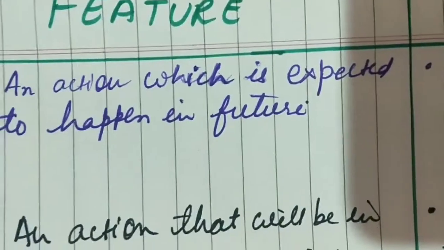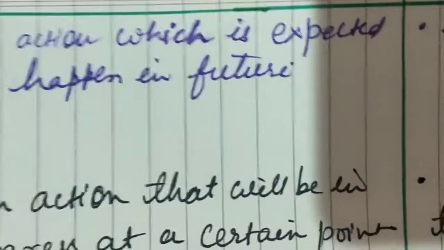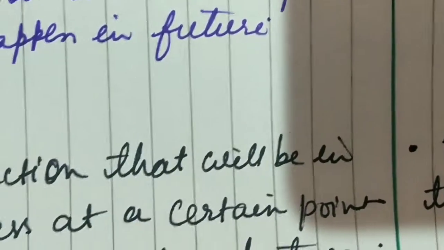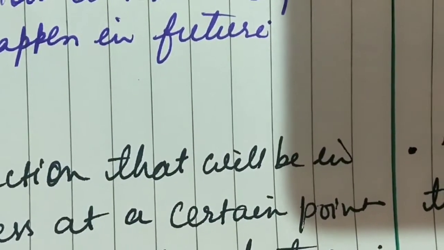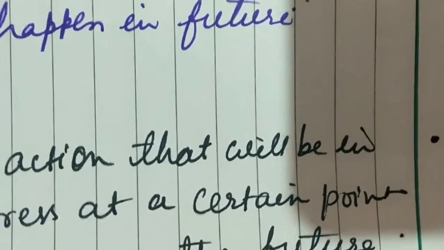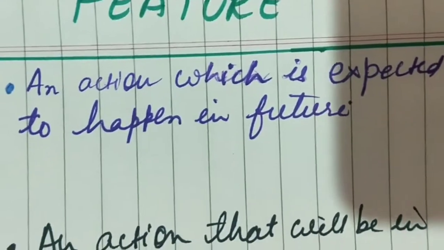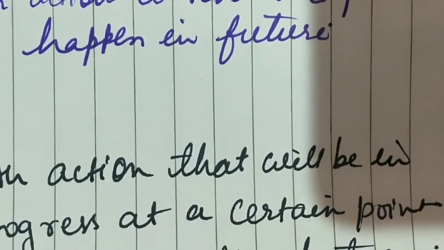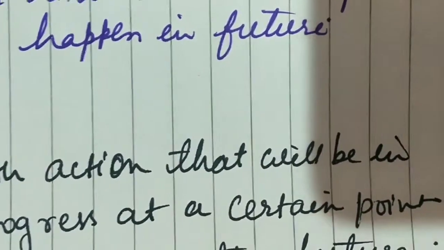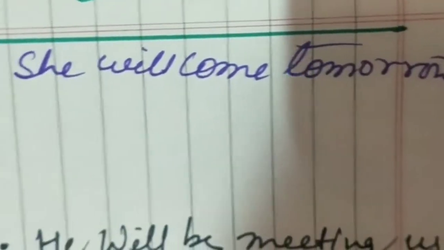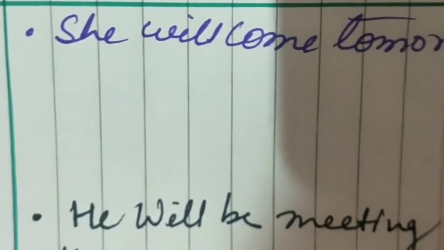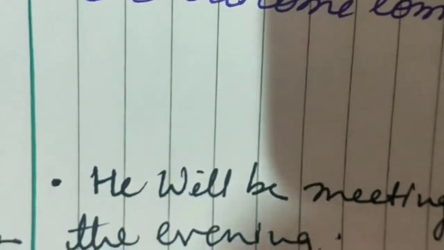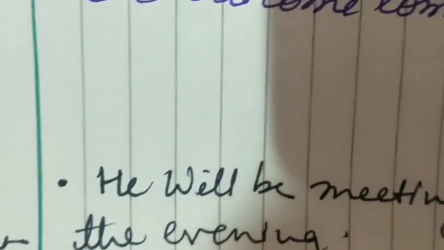Or when we decide to do something at the time of speaking, there also we use simple future tense. So an action which is expected to happen in the future, for expressing that action we use simple future tense. Like she will come tomorrow, I'll go to the market, or I shall go to the market. So this is simple future tense.